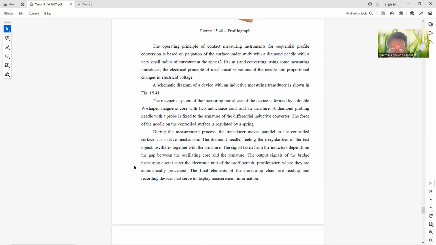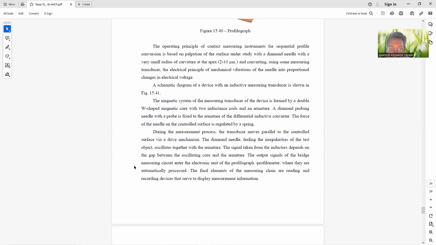The operating principle of contact measuring instruments for sequential profile conversion is based on palpation of the surface under study with a diamond needle with a very small radius of curvature at the apex, from 2 to 10 micrometers, and converting, using some measuring transducer, the electrical principle of mechanical vibrations of the needle into proportional changes in electrical voltage.